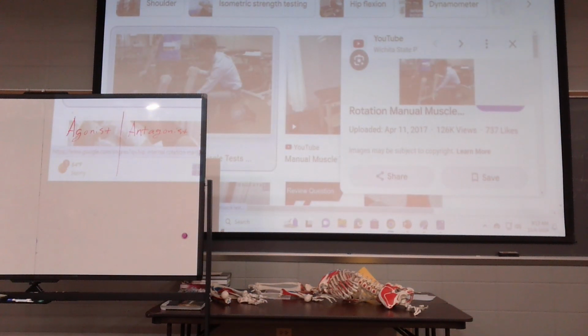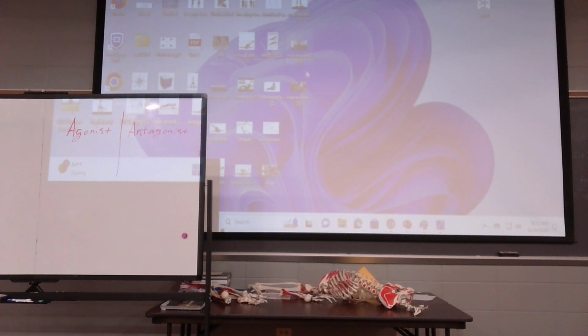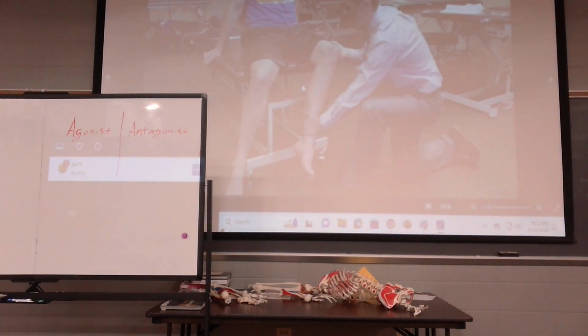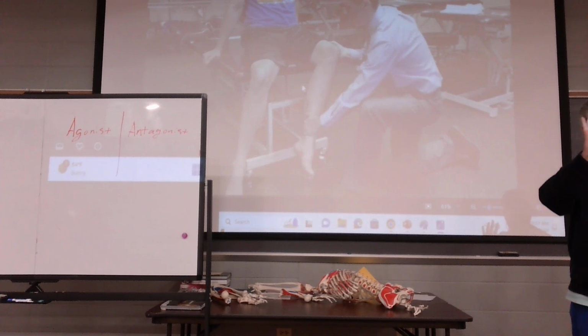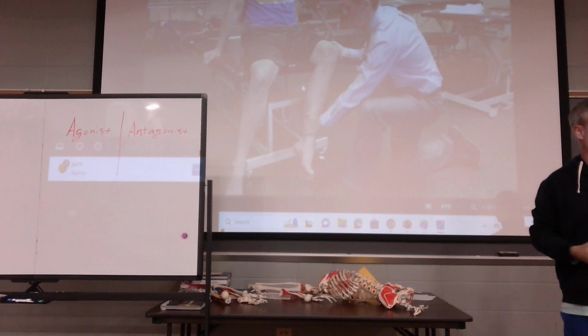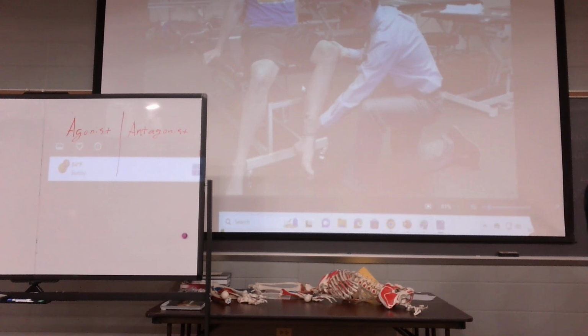Versus this one. This one, he'd be providing an internal rotation force. So you'd be testing muscles that are pulling in a direction of external rotation. You'd be testing external rotation force.